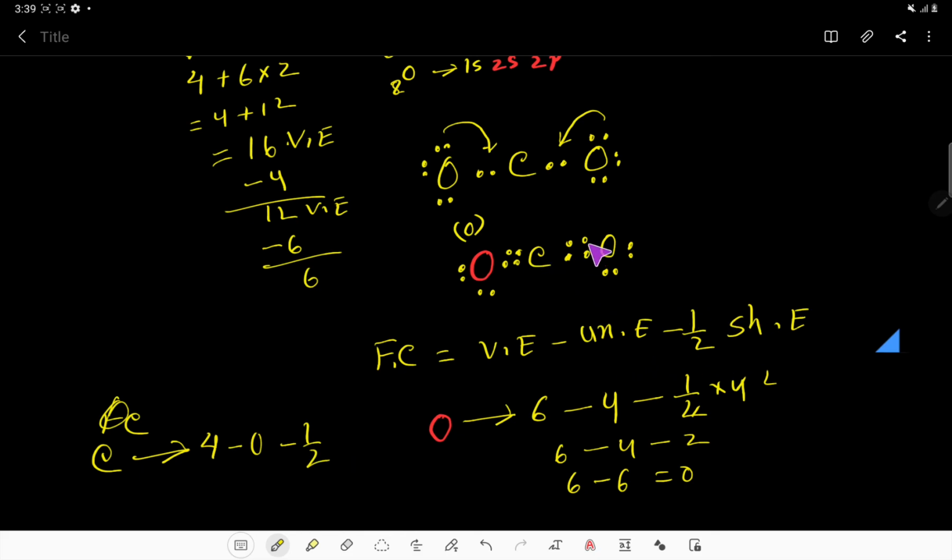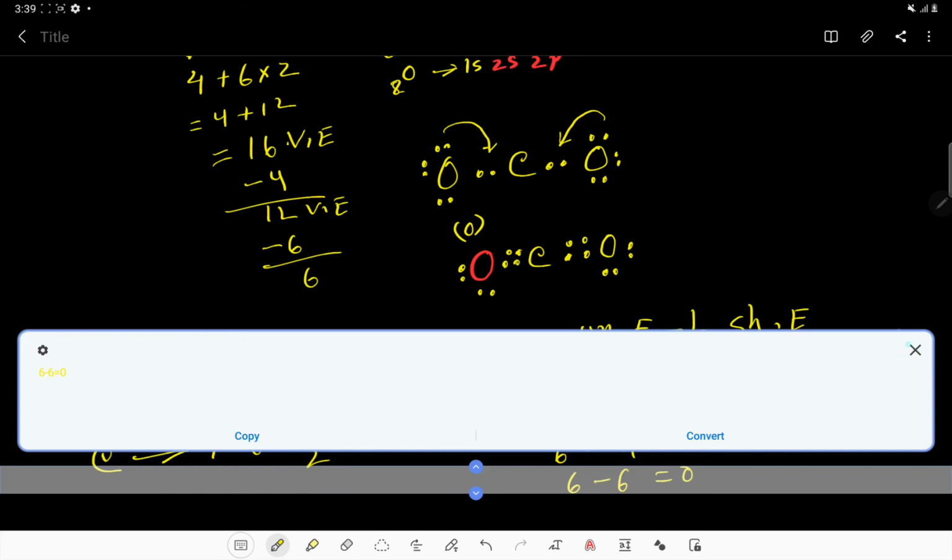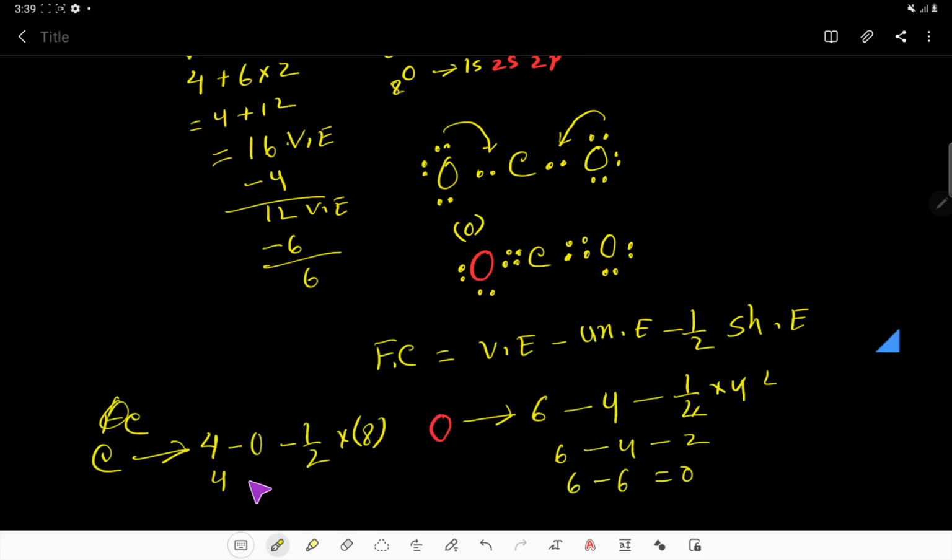This carbon has 2, 4, 6, 8 shared electrons. So we are getting here 4 minus 0 minus 4, because 2 goes into 8 4 times. So basically we are getting 4 minus 4 equals 0. So this carbon has 0 formal charge, right?